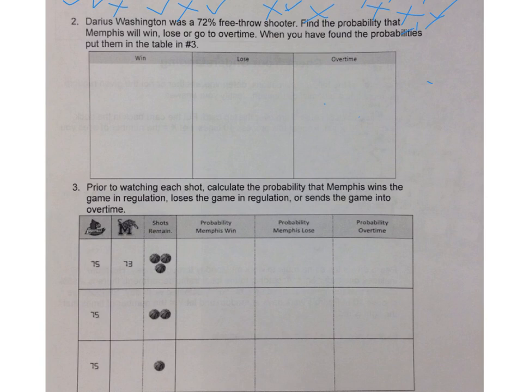So go back to your problem here. Remember, they trail by 2 points. The only way for them to win is for him to make all 3 of his shots. So the probability of that happening is 0.72 to the third, or 0.72 times 0.72 times 0.72, right?